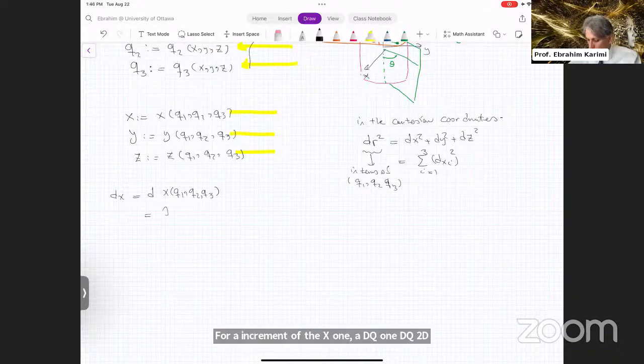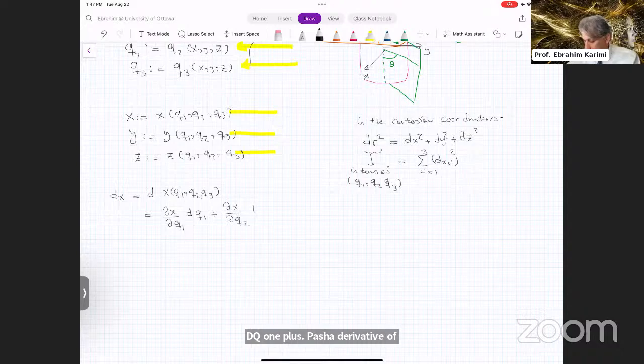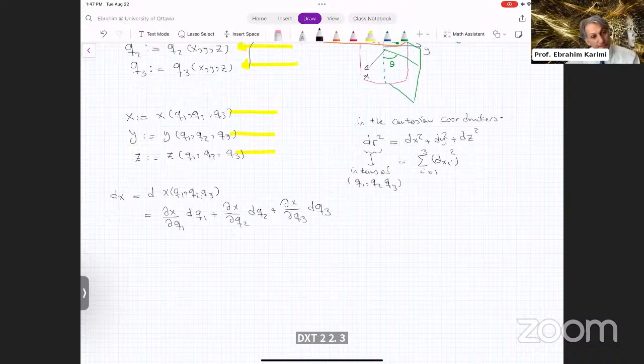So I will go with the partial derivative of x with respect to q1 dq1, plus the partial derivative of x with respect to q2 dq2, plus the partial derivative of x with respect to q3 dq3. Agreed, guys? Perfect.